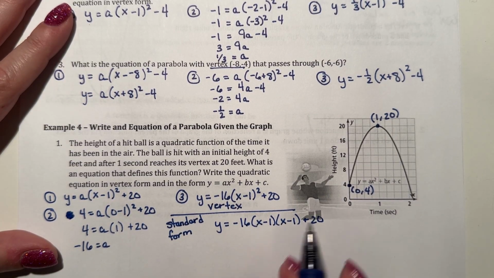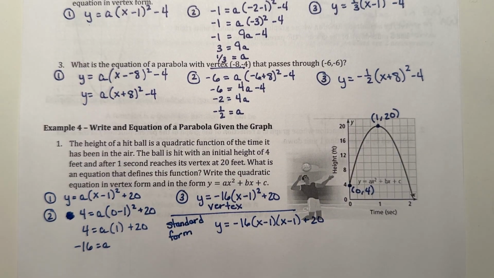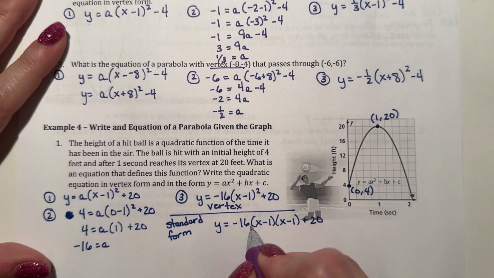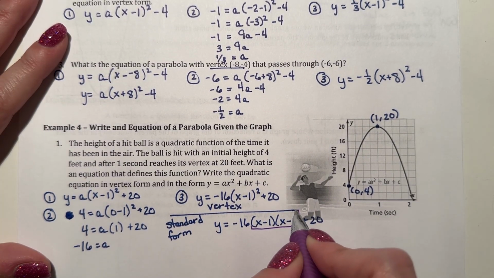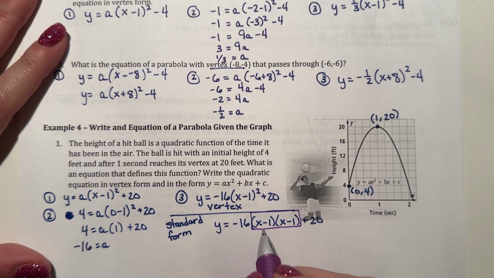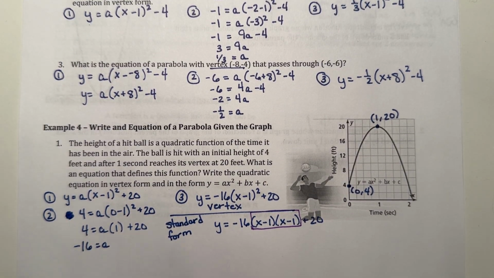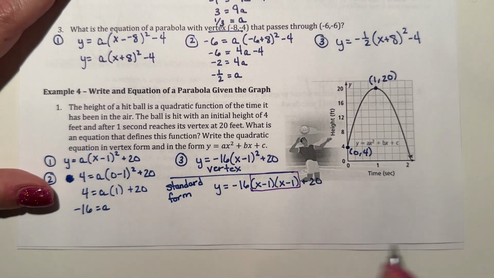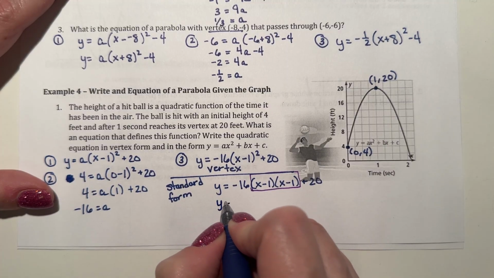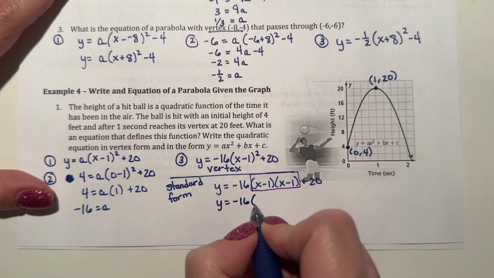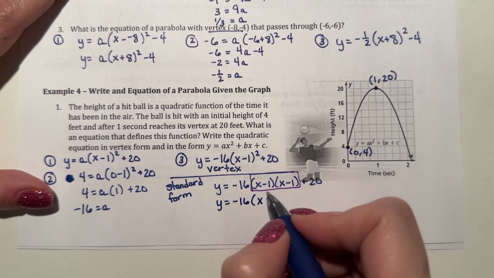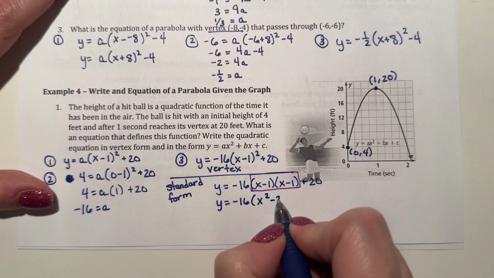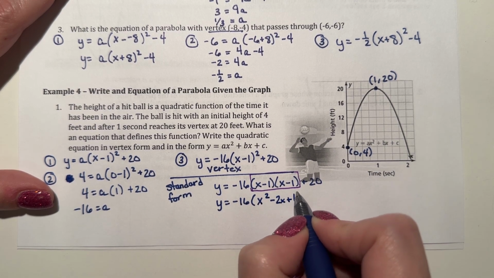Okay, I'm going to FOIL the two parentheses together. So I'm putting these guys together. I'm going to multiply that first before I distribute the 16, because the 16 just makes everything get big. So that is going to be x squared minus 2x plus 1.